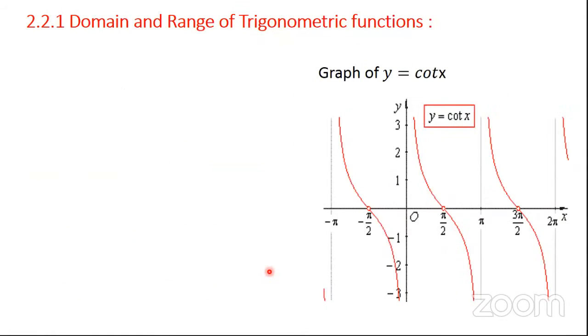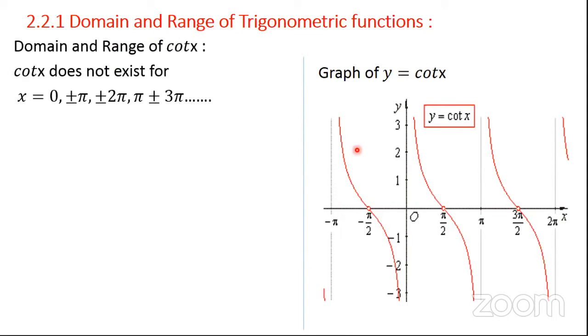And the last trigonometric function, that is cot x. Now see the domain and range for cot x. Cot x does not exist for 0, pi, 2 pi. Why? Because cot x means cos x upon sin x. Sin 0 is 0. Similarly, sin pi or sin of minus pi is again 0.